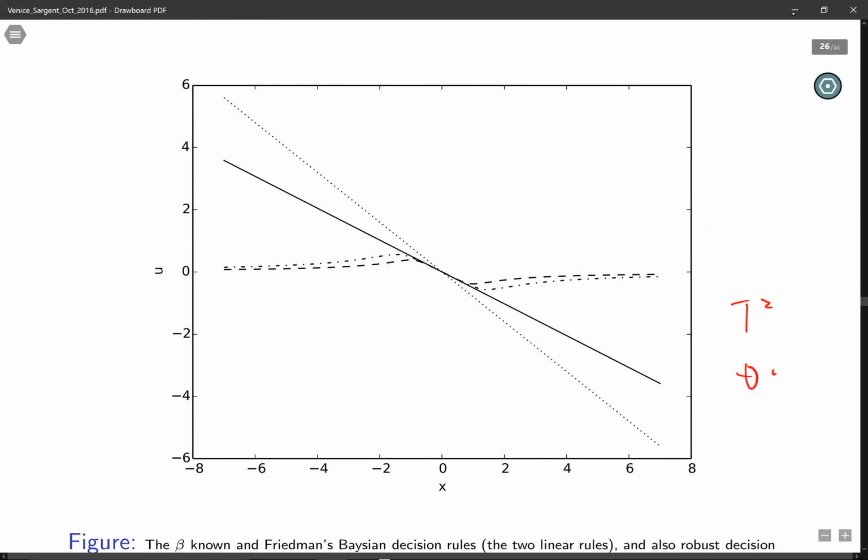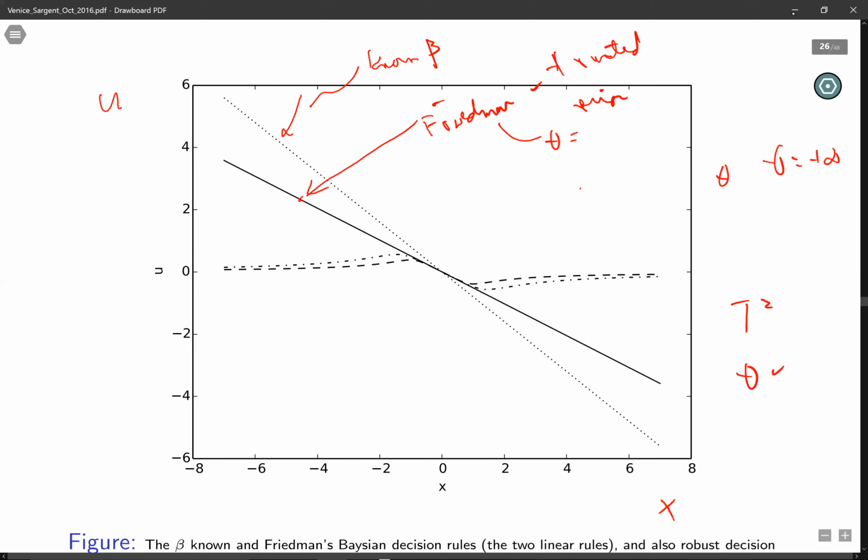Okay, so what are these things? What are these things with wings? What they are is, these are the robust decision rules with fixed thetas. So one of them, what you do is theta equals plus infinity, that's Friedman. The penalty on the minimizing agent is so big, he just doesn't distort the prior at all.